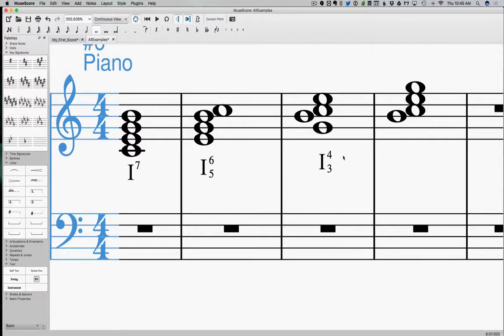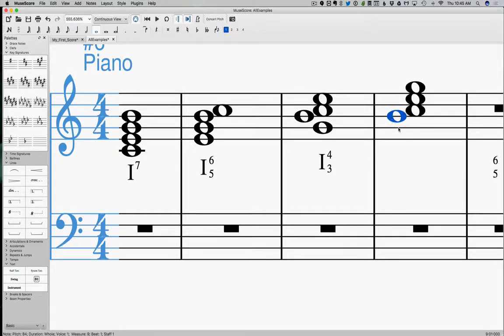So we just call that one a 4, 3, and that tells us it's a 7th chord. There's a clue here: whenever you see two numbers that are 1 digit apart, like 6, 5 or 4, 3, you can tell that it's a 7th chord, because that's the only way that can happen. If this is a 7th chord, there's going to be two notes, a half or whole step apart, depending on the quality of the chord.